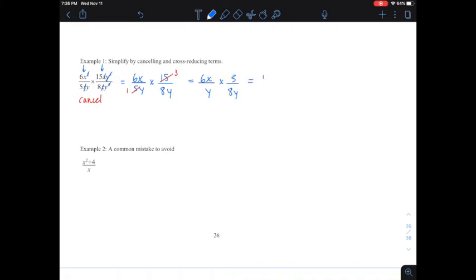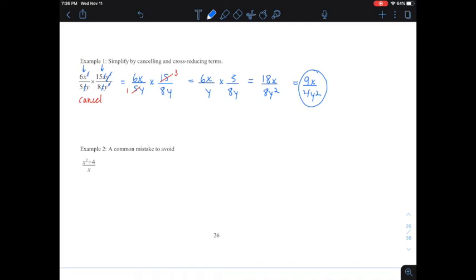Actually, I did miss one, didn't I? But it'll come out in the wash here. So 8y squared. I can further reduce the 8 and the 18 by dividing both of them by 2. So my final answer is 9x over 4y squared.